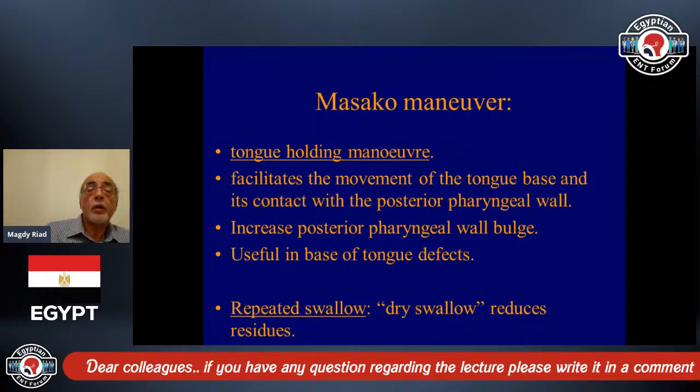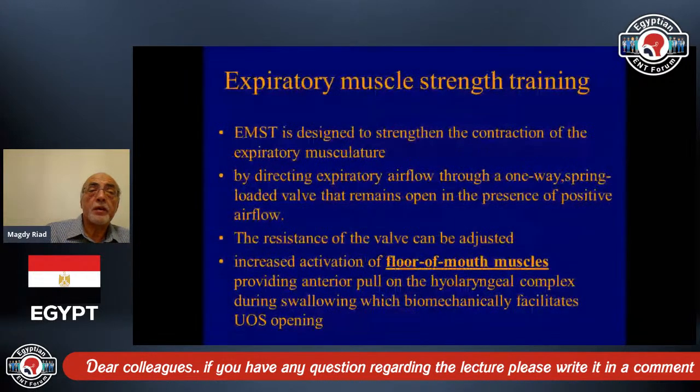You could try to improve your chest muscles, the expiratory chest muscles, by expirating into a spring valved apparatus, and you could change the pressure in the valve to allow a gradual improvement. And by doing this, you clear your chest and the upper airway better. It also improves the floor of the mouth muscles.